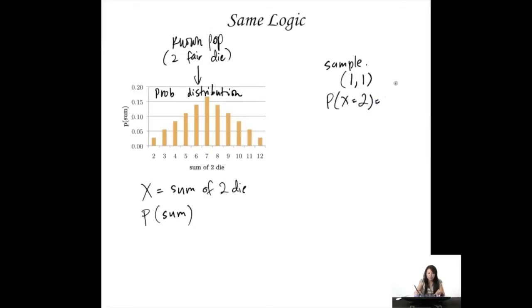Well, that's a pretty small probability. It looks like 0.025 or something, right? So because it's a small probability, we'll say this is an unlikely sample.